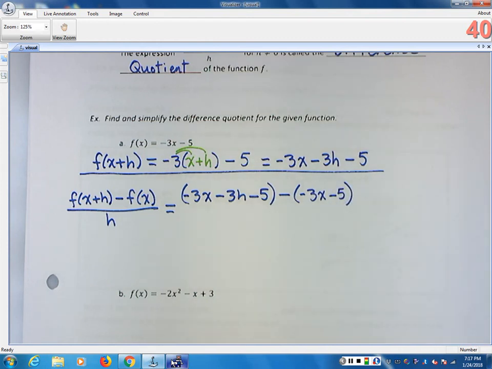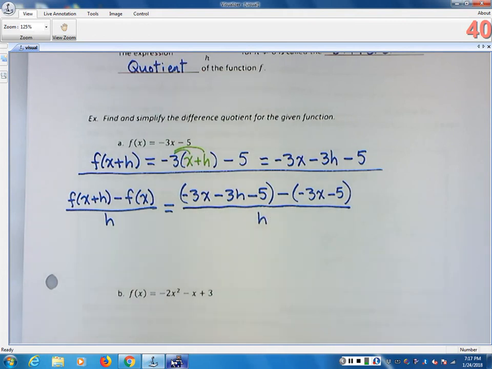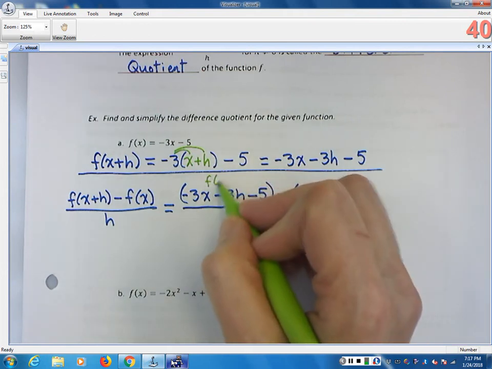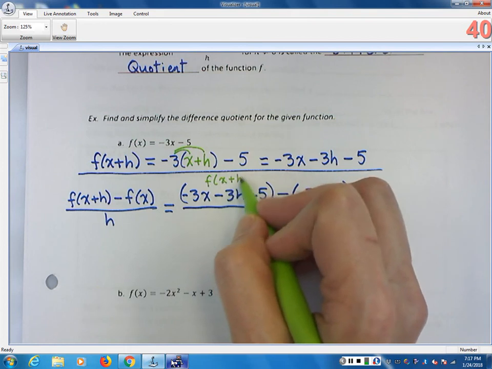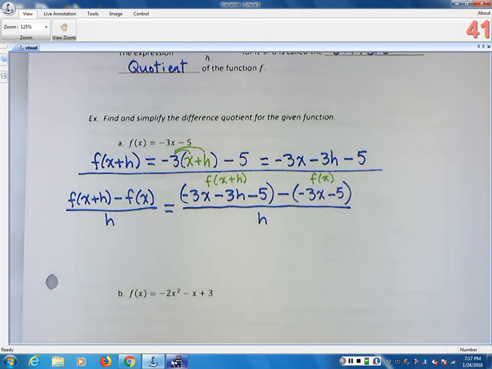And all that is divided by h. So this is our f of x plus h, and this is our f of x. And that's the difference quotient.